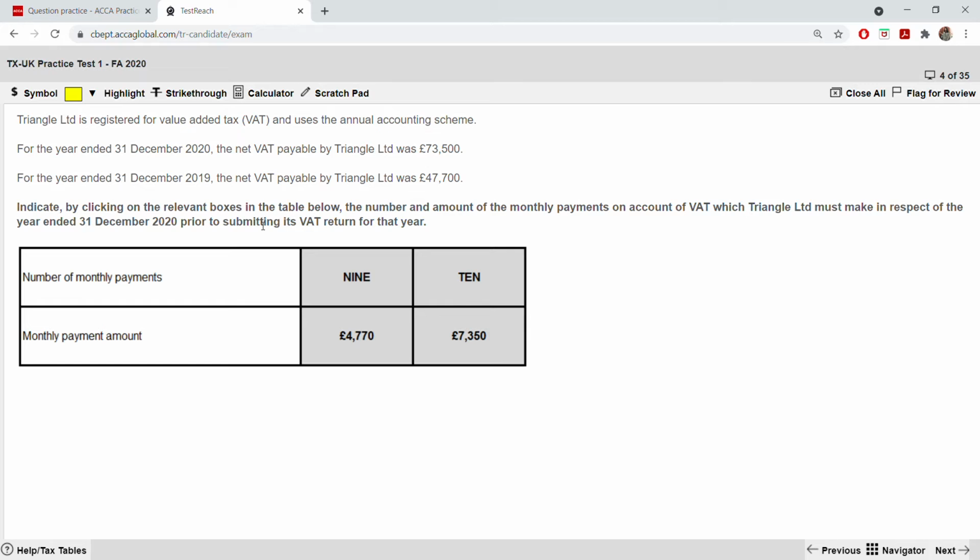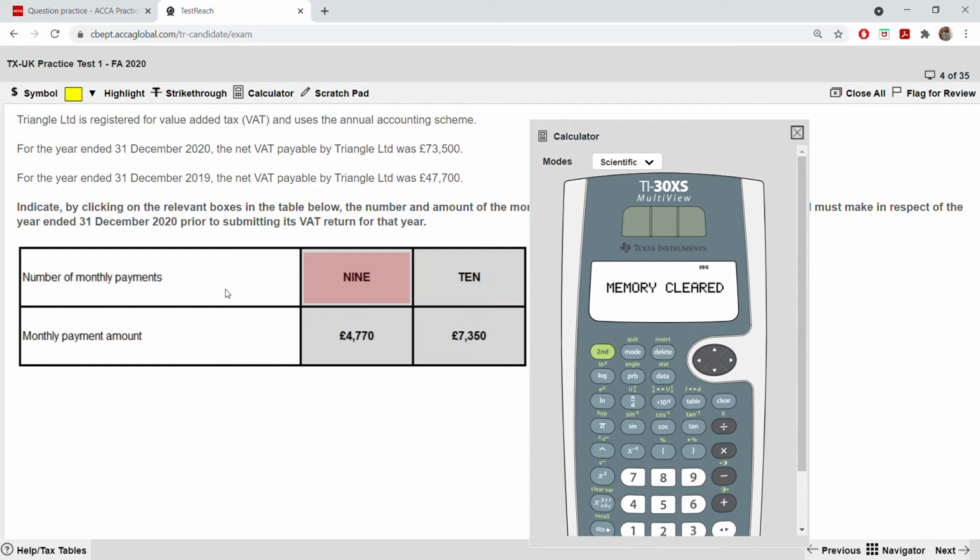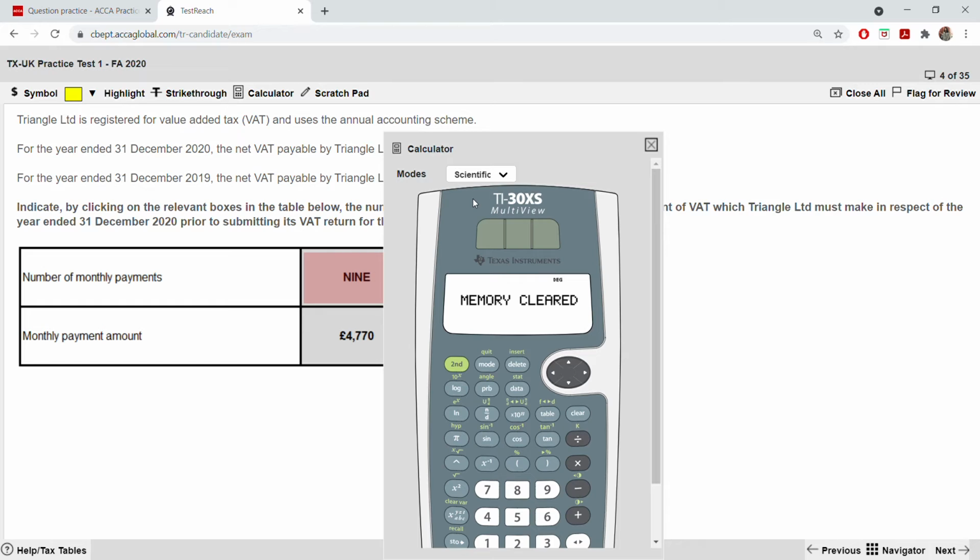So what is it? Number of monthly payments, is it 9 or 10? There will be 9 monthly payments. And the monthly payment amount, you have to calculate. Take the calculator out. So it is 47,700, right?